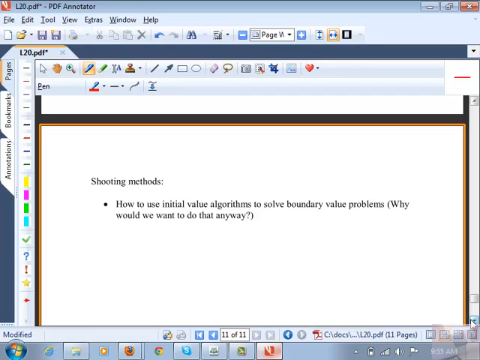My goal is to find this. So what is the method that we've seen so far that you would use? Finite difference methods, right? It simply puts a grid and replaces the equation at a typical grid point i. Theta i plus 1 minus 2 theta i plus theta i minus 1, divided by delta x squared, plus 2 theta i minus 2 equal to 0, for i going from 1 to n.